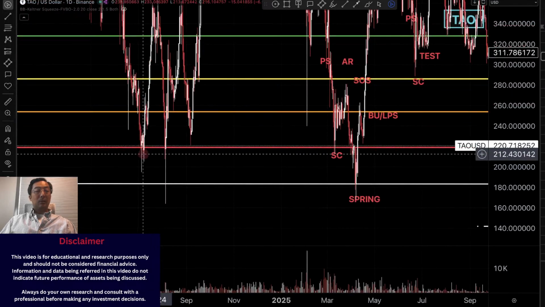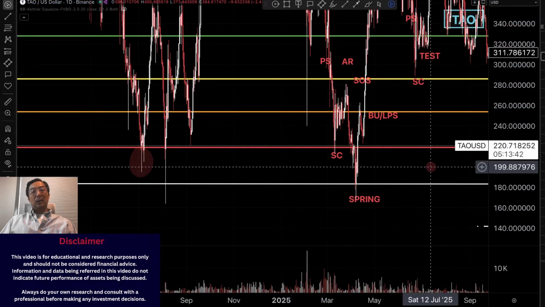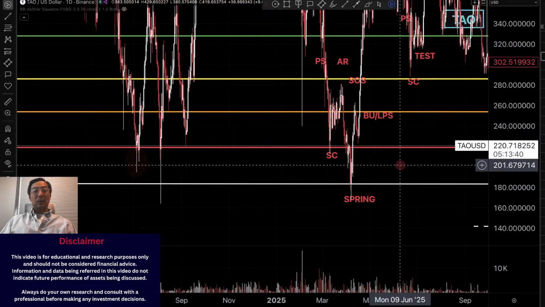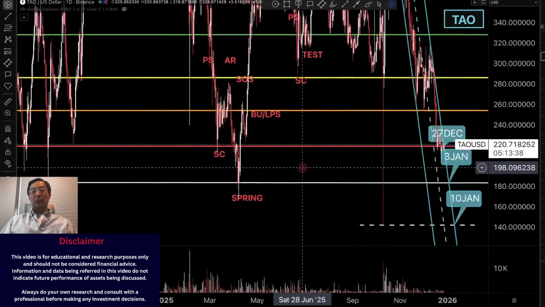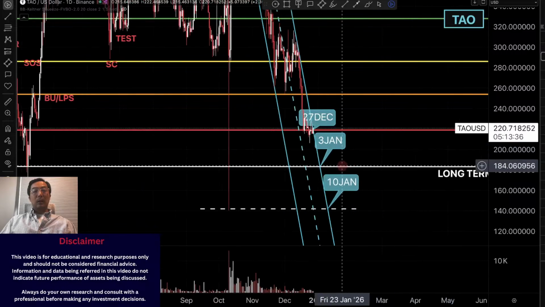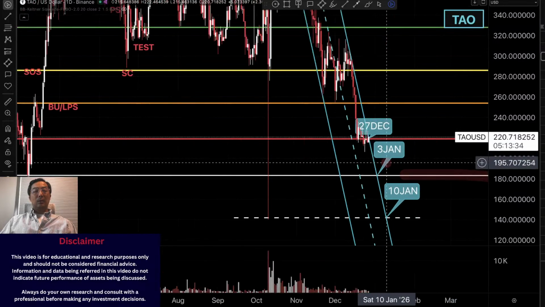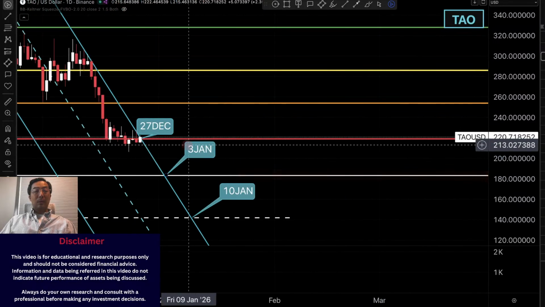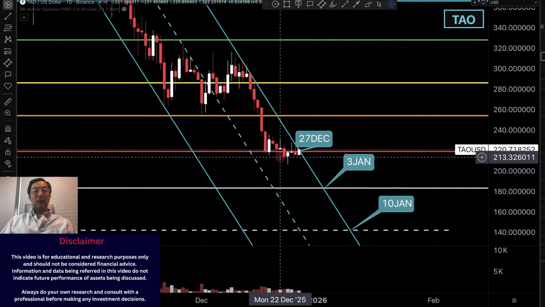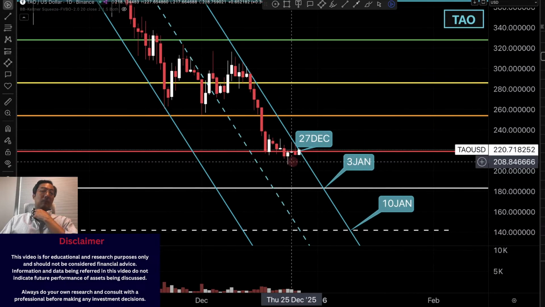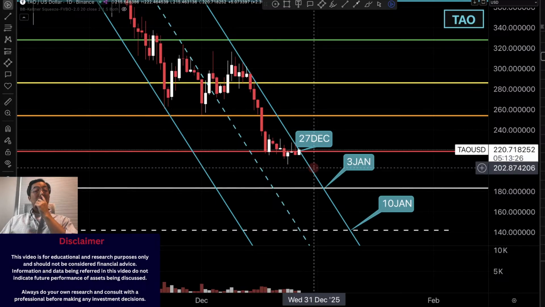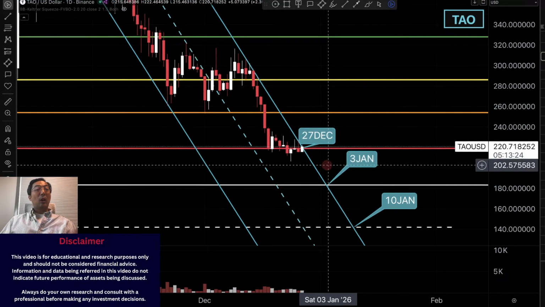Even during the selling climax back in 2024, it went all the way to test the white solid line. So while it seems to have stabilized over the past 5-6 days, it's probably not over yet. We hope it is over.